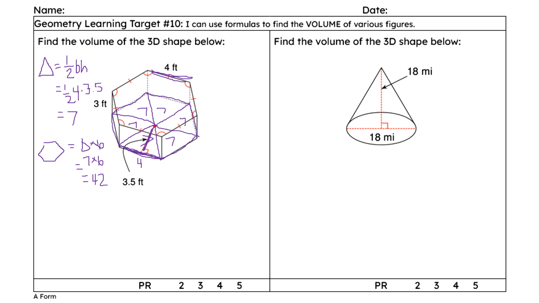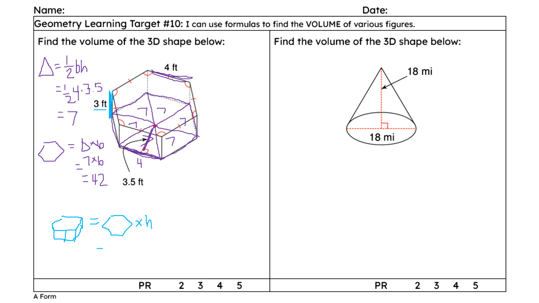Now that's the area of the base, but we want to bring this up into the third dimension. So now we are going to be multiplying this by the height of the prism, and the height of the prism is 3. That is going to be the area of the base, and we're going to multiply that by the height, which is 3.